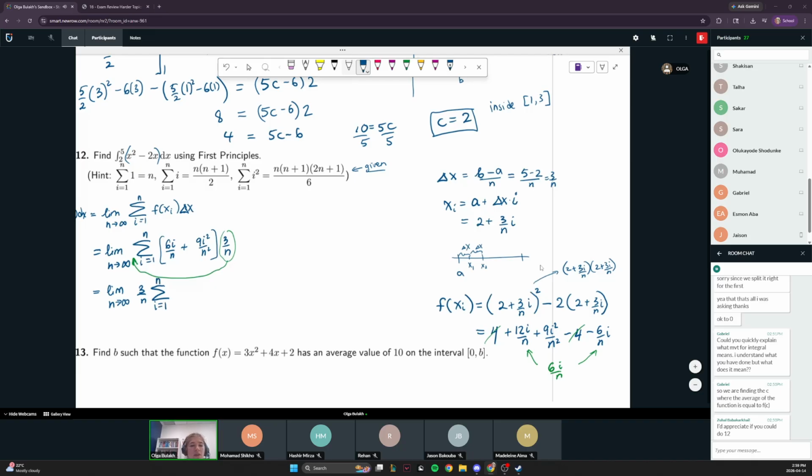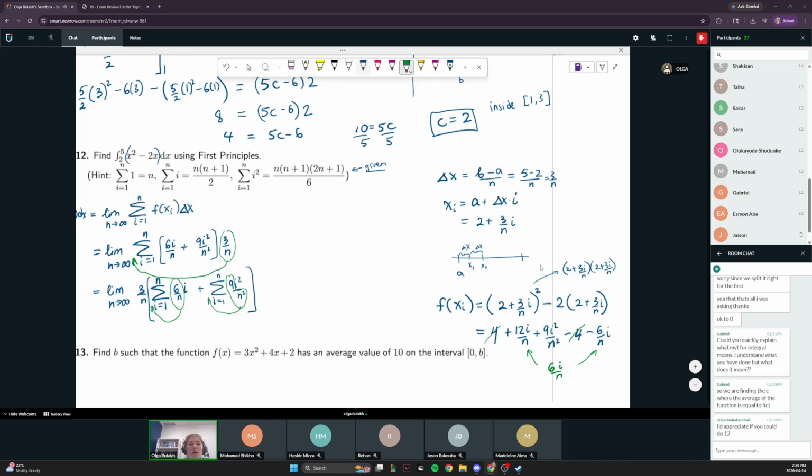Another thing you can do is split this into two summations. So you can say the summation of 6i over n, plus another summation of 9i squared over n squared. Again, you can pull out the parts without i, but don't pull i outside.